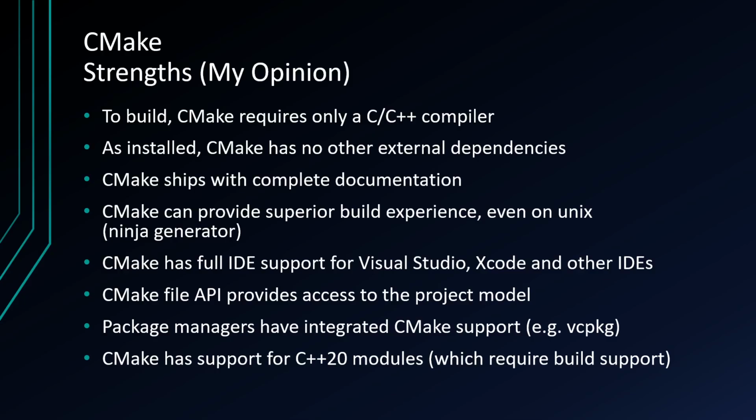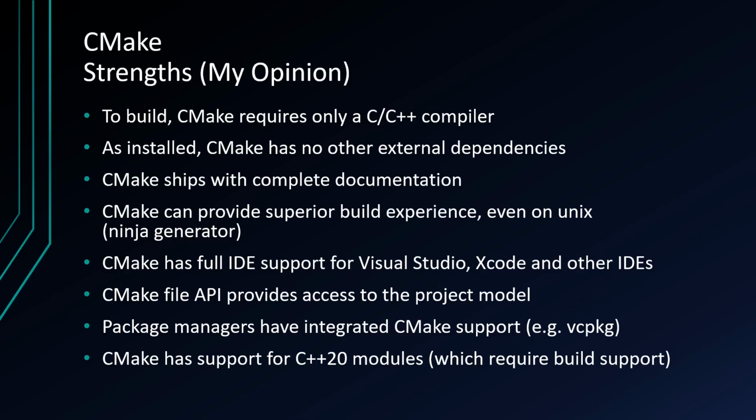advantage of that. It also has full IDE support because the generators can generate IDE projects. There's also a trend in IDEs these days to directly support CMake within the IDE, so you don't even need, for instance, Visual Studio has CMake support, so you can use CMake directly in Visual Studio without using the Visual Studio generator, because Visual Studio has gotten improved CMake integration out of the box.